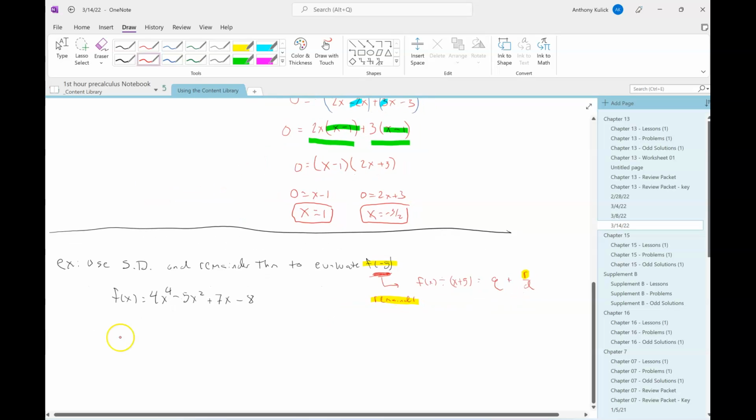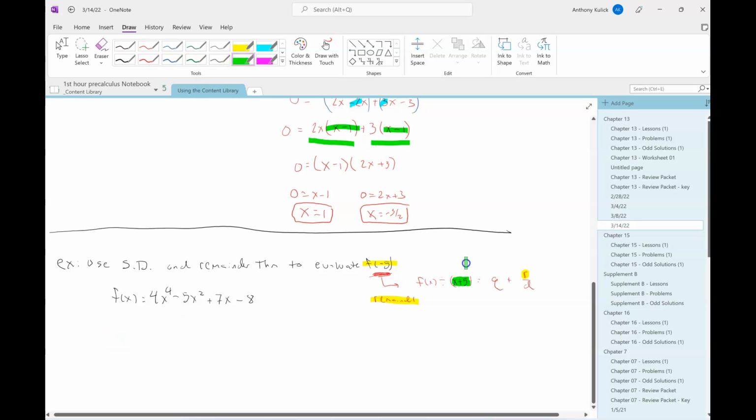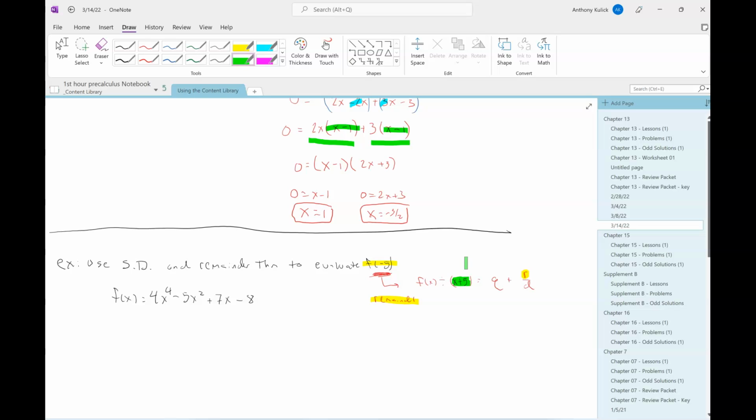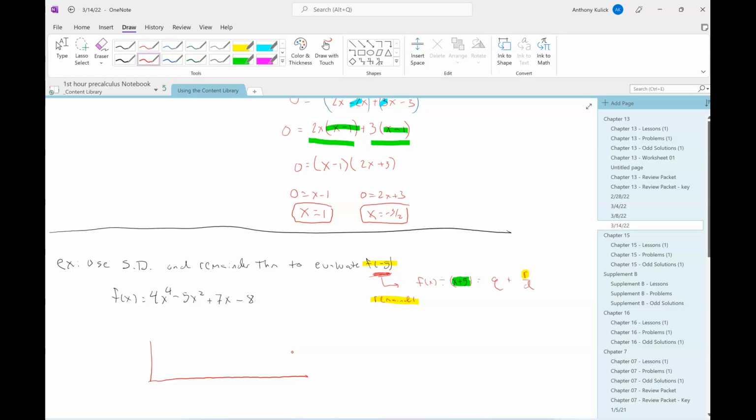And what's nice here is that because this division problem involves a degree 1 polynomial with leading coefficient 1, we can just do synthetic division on this. So we don't need to do the long division. So we'll start by setting up our synthetic division. What number is going to go on the outside of our synthetic division bar here?